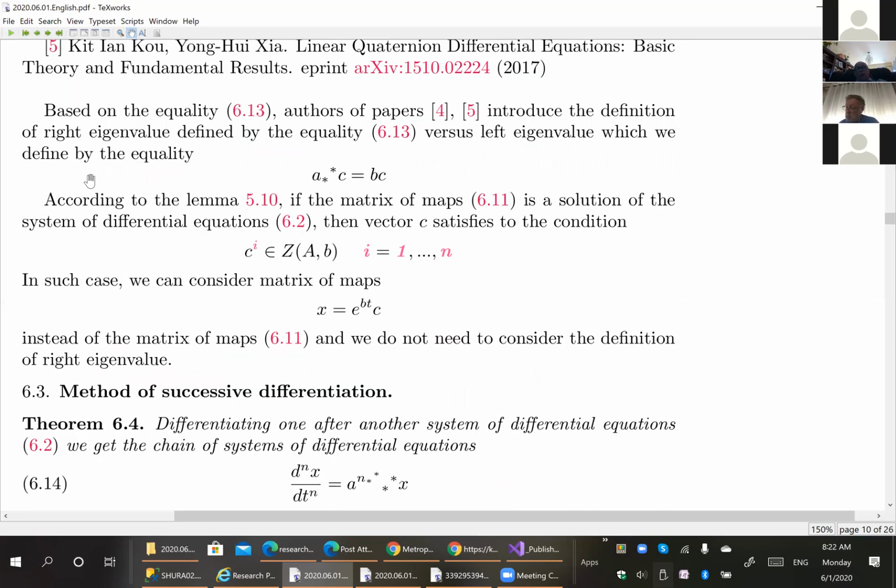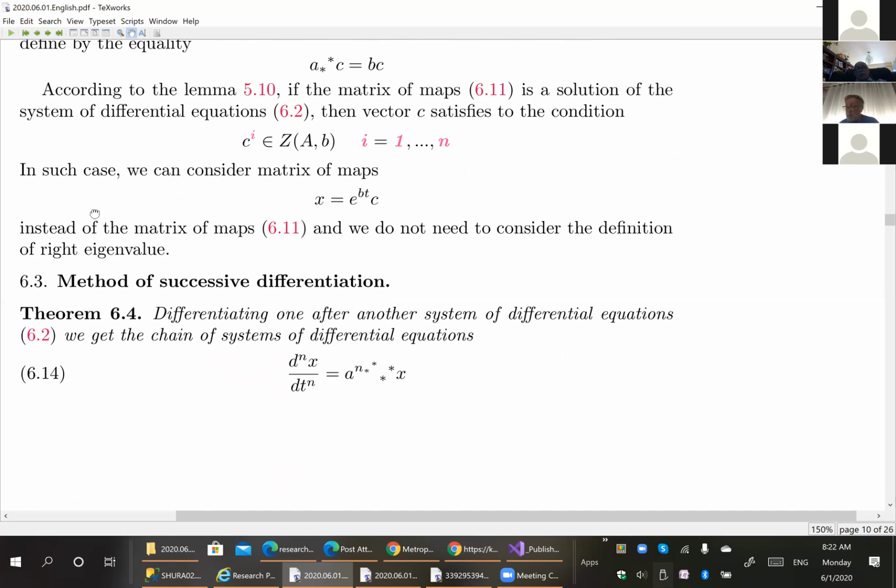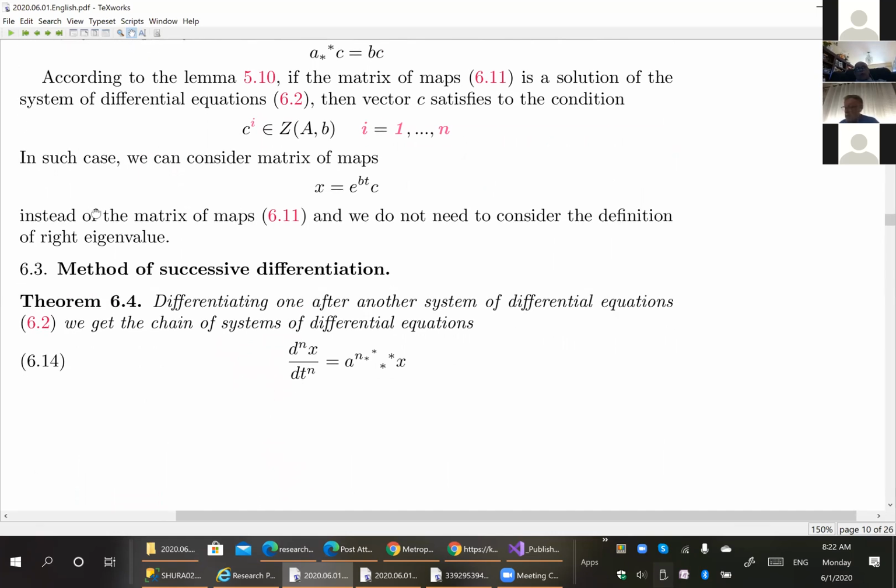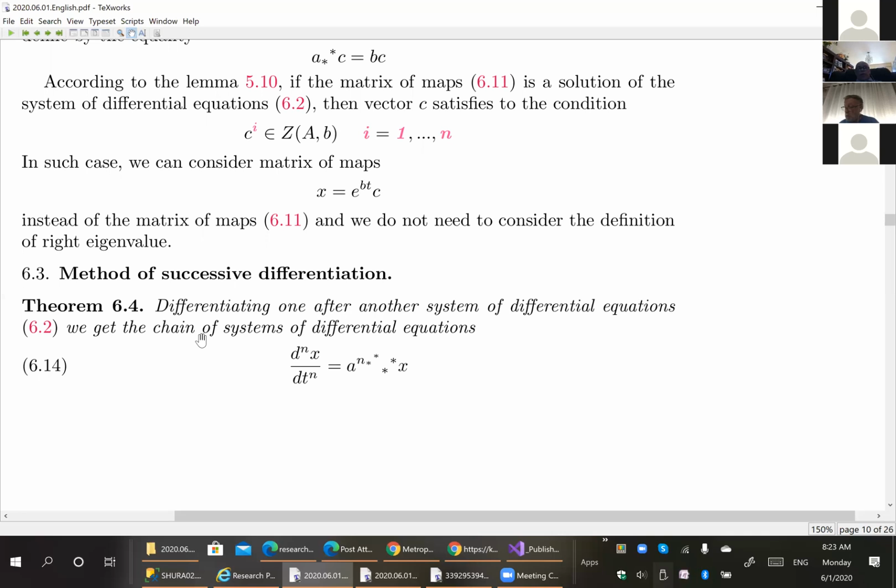Also, it's easy using mathematical induction to see that any derivative of order n of the matrix is written like the n-th power of matrix A times x.